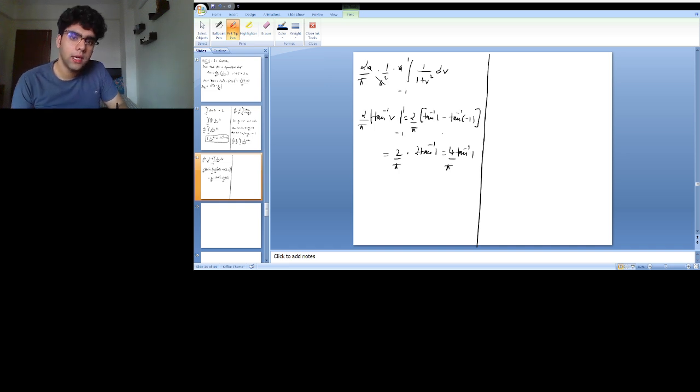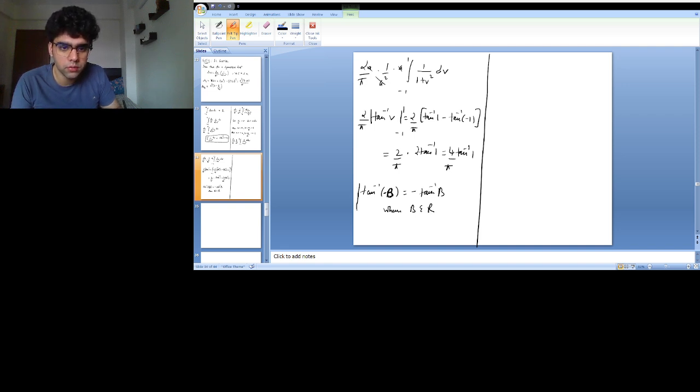Now how did I write tan inverse 1 minus tan inverse minus 1 as 2 tan inverse 1? This is a property: tan inverse of minus b is equal to minus tan inverse b, where b is any number.